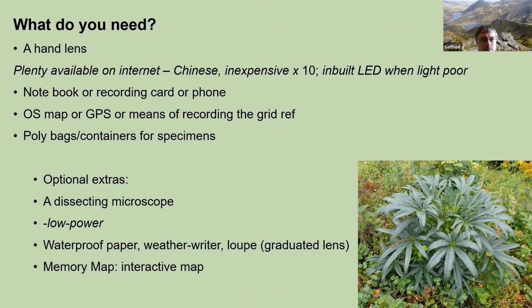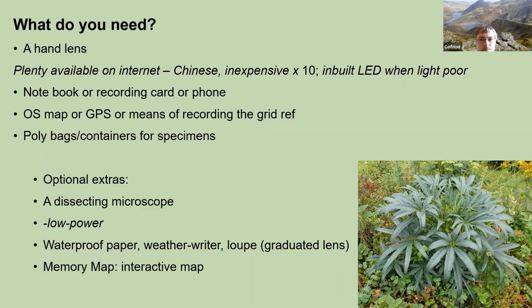Some people use recording cards. They're okay, but they're in scientific names, and yet again you're a bit restricted as to how you can take your records. You must have an OS map or a GPS or some means, as we've discussed earlier, of recording the grid ref.